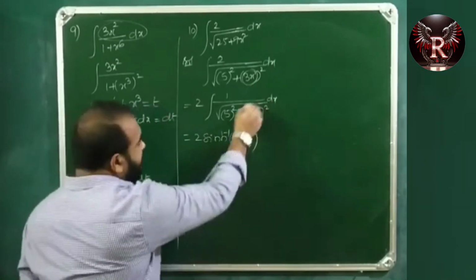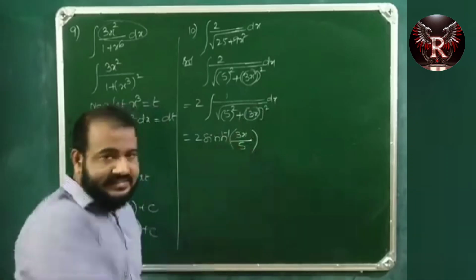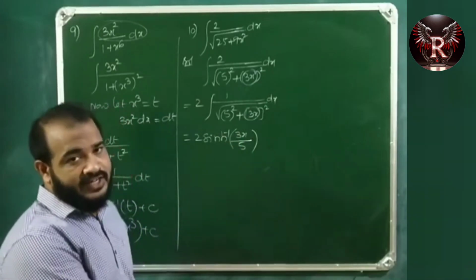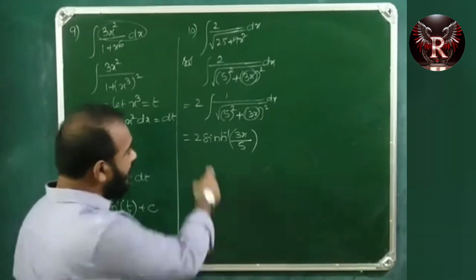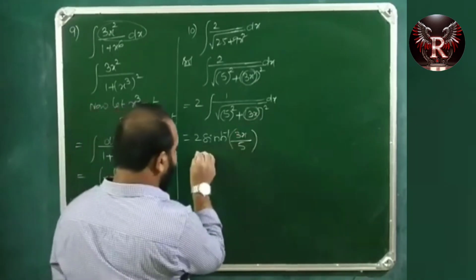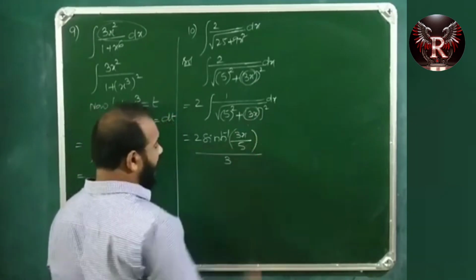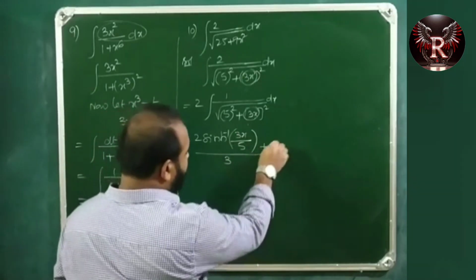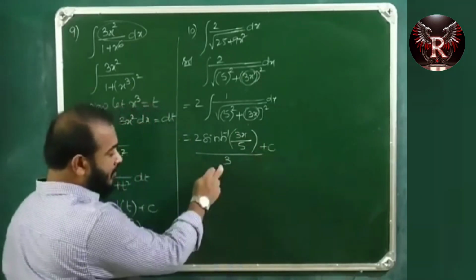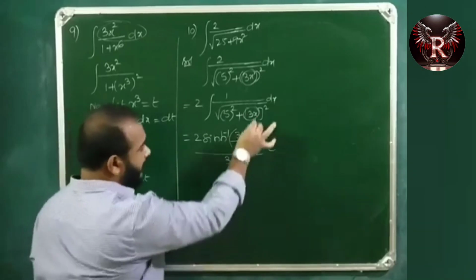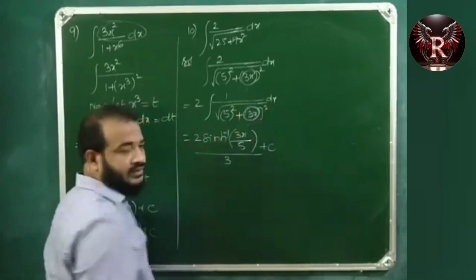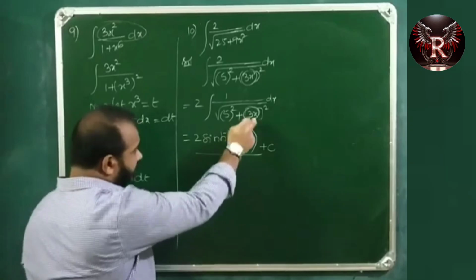Since this 3x I have taken to be x, we need to divide by d by dx of 3x, that is by 3, plus the constant of integration c. This dividing by 3 should not be forgotten, because again I am telling you, we have treated 3x to be x.